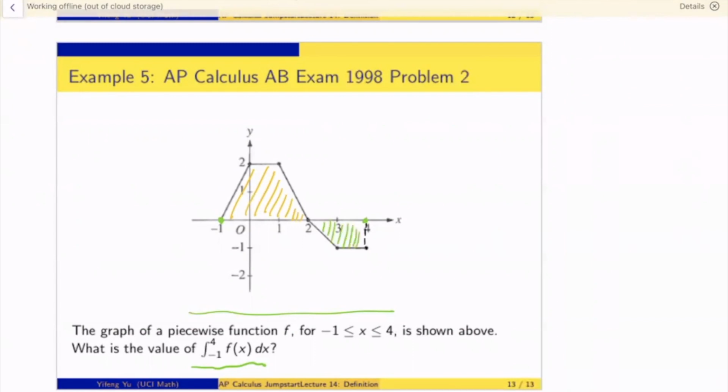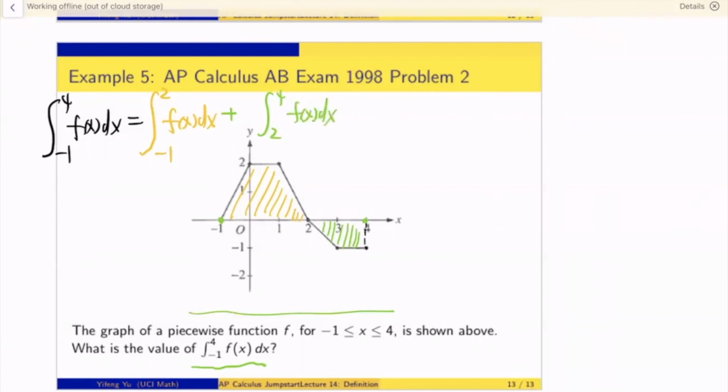So let's do this separately. First, I do the part from -1 to 2 of f(x) dx, then the part from 2 to 4 of f(x) dx.